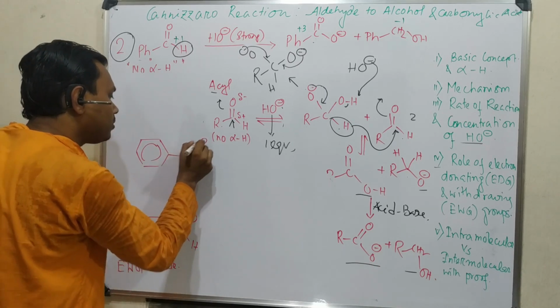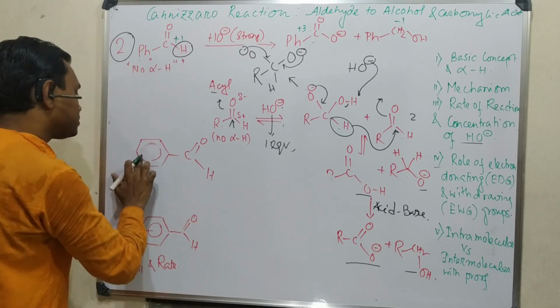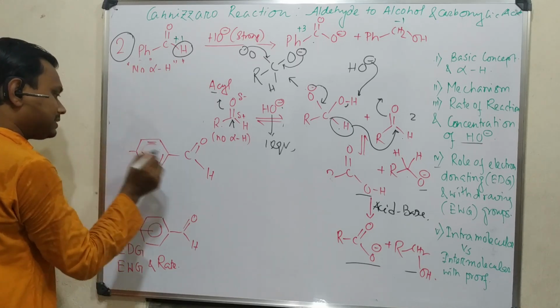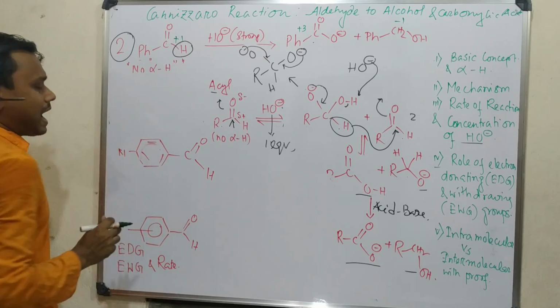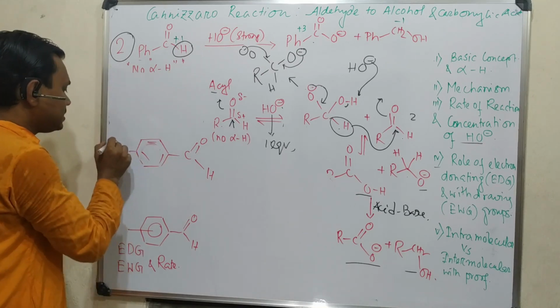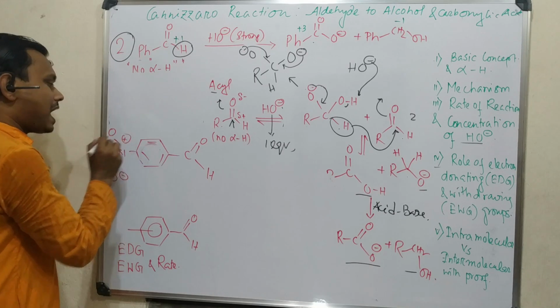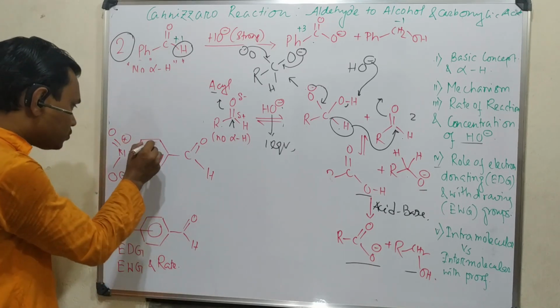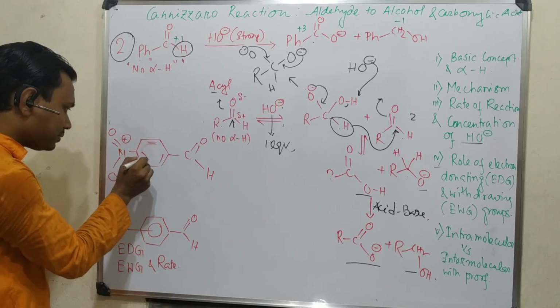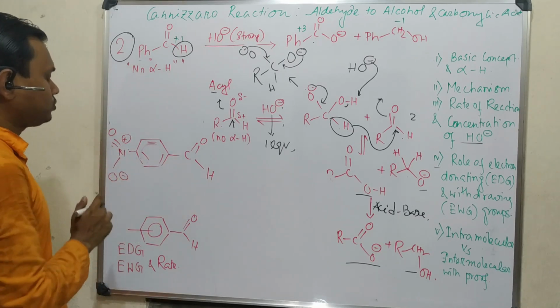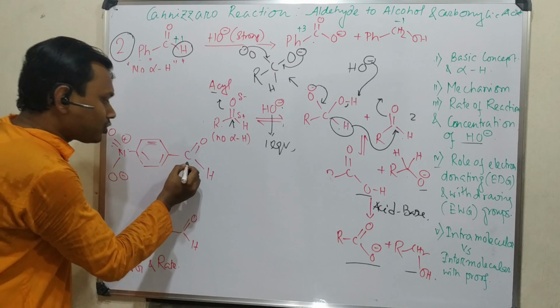This is CHO. I should write it in the original benzene form. This aldehyde, and for example, let's take nitro. Nitro looks like this, with O minus, and nitrogen is plus. And how does nitro work? Because it withdraws electrons here. For example, this pushes electrons here, and this opens. In this way, it acts as an electron withdrawing effect. So it is electron deficient.